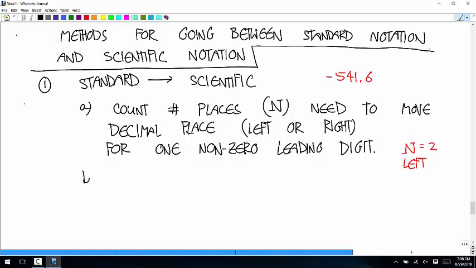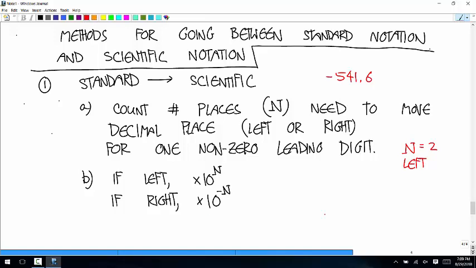And then the second step, the last step, is if we moved left, then we have times 10 to the positive n. If we moved right, we have times 10 to the negative n.